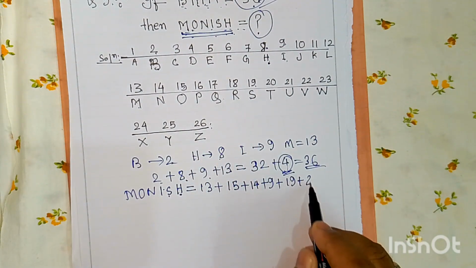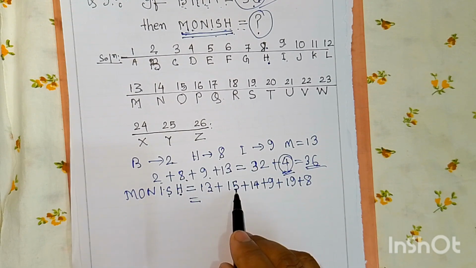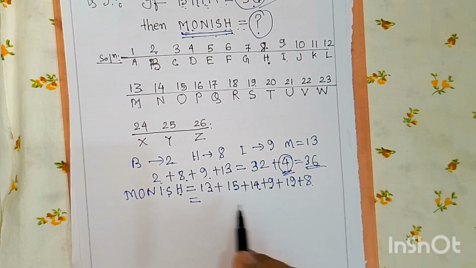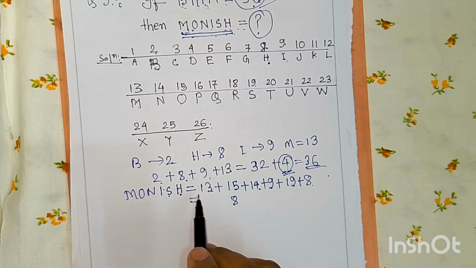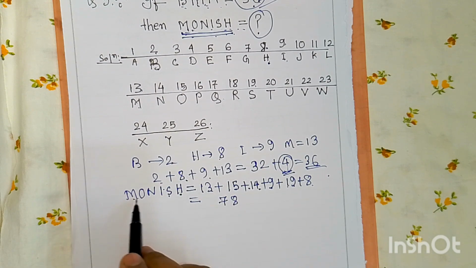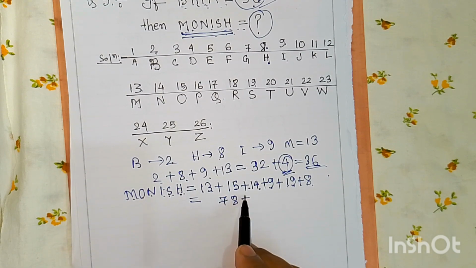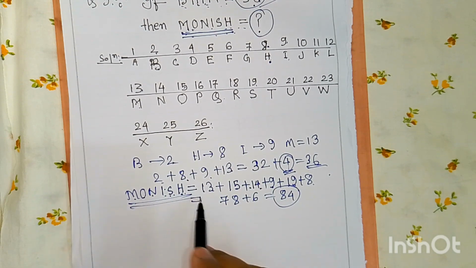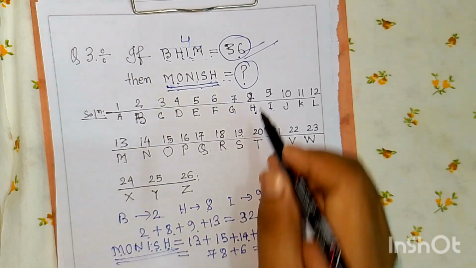So 13 plus 15 plus 14 plus 9 plus 19 plus 8 gives 78. There are 6 alphabets, so 78 plus 6 is equal to 84. So this word MONISH carries the number 84.